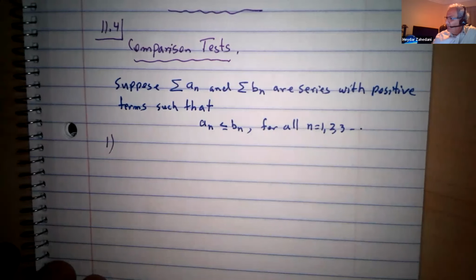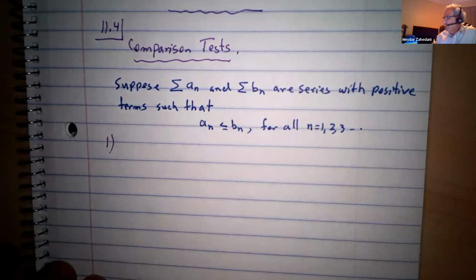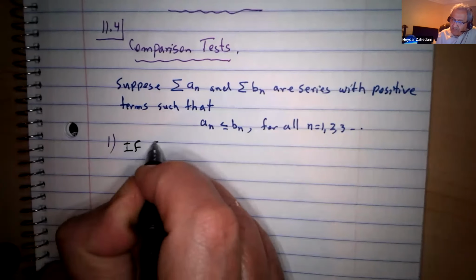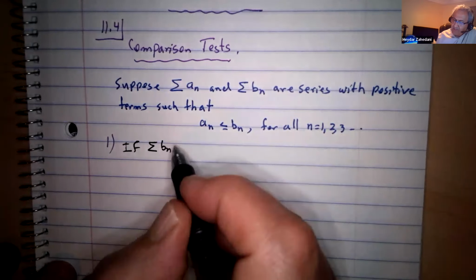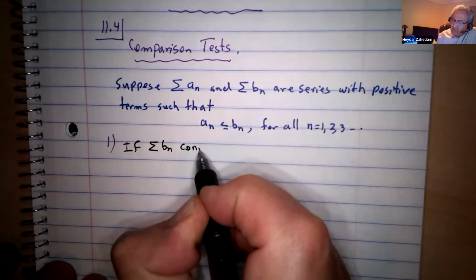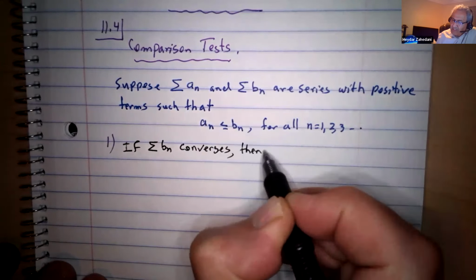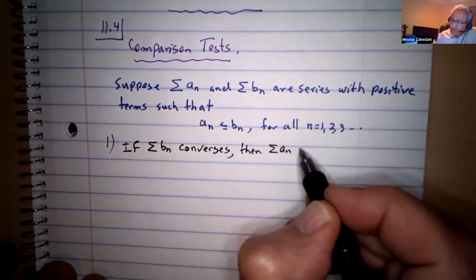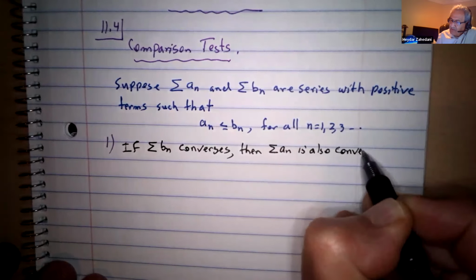So the second one is probably something that we know everything about, a very popular series. If the bigger series, sigma bn, converges, then the smaller one, sigma an, is also convergent.